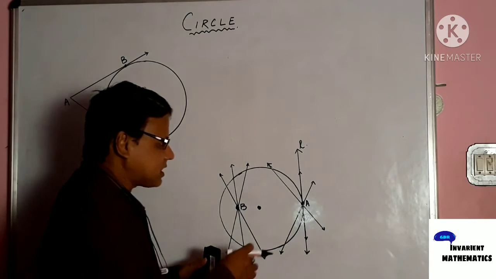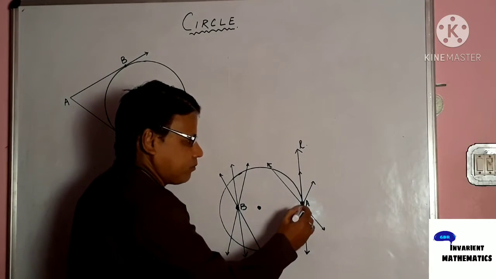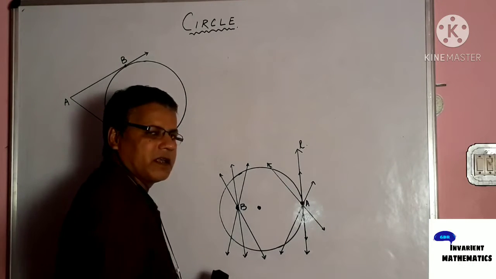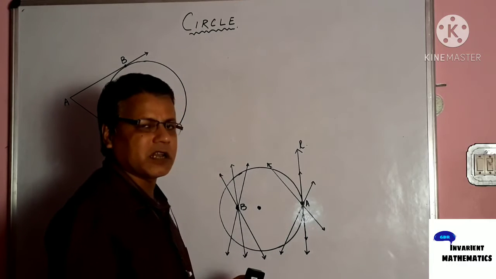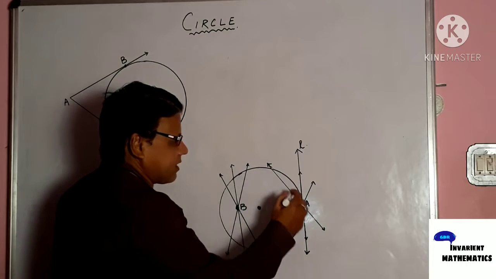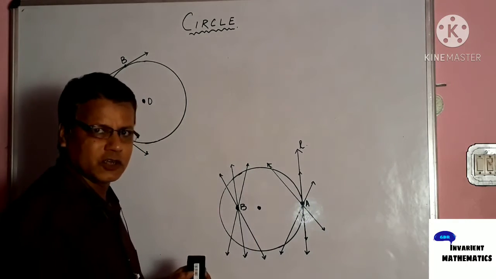Now comes the second point. A is a point on the circle. So as A is a point on the circle, we can draw infinite number of lines.